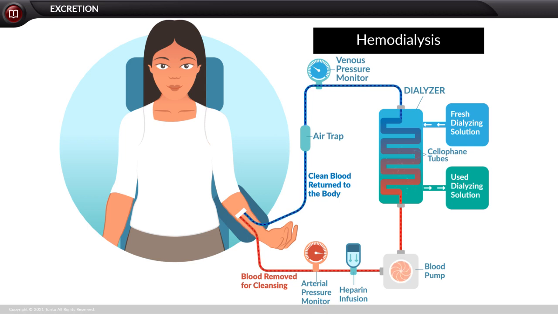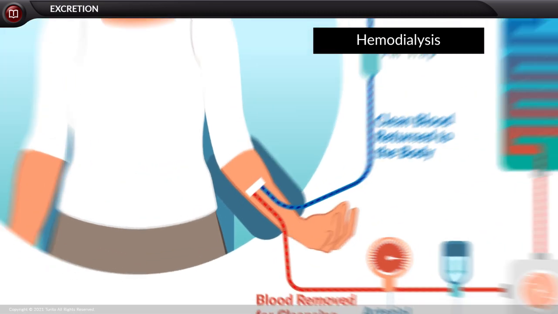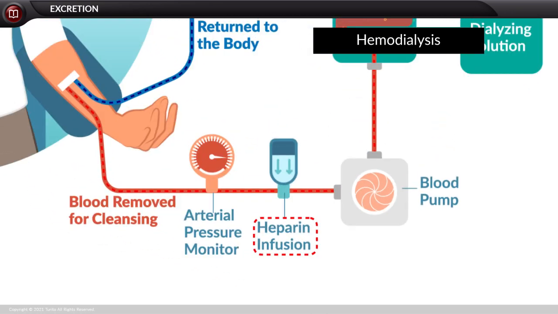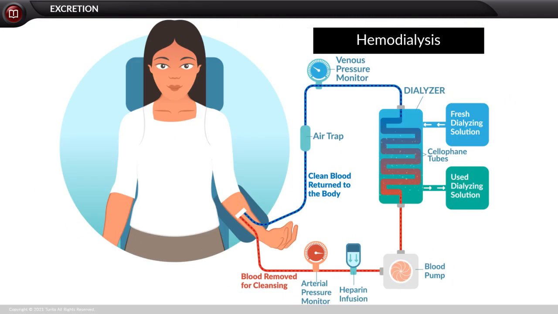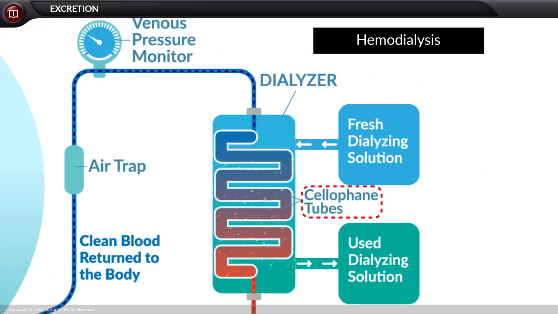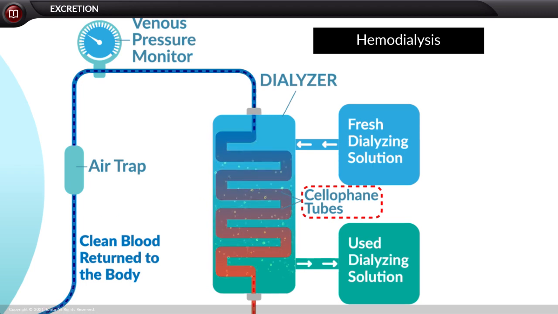Here, the blood from a person is taken from the radial artery, and it is first cooled down from the body temperature. Then it is infused with an anticoagulant like heparin so that there is no clotting of the blood. Now this blood, which is filled with the nitrogenous waste, is allowed to circulate in a tube called a cellophane tube inside a unit called the dialyzing unit.